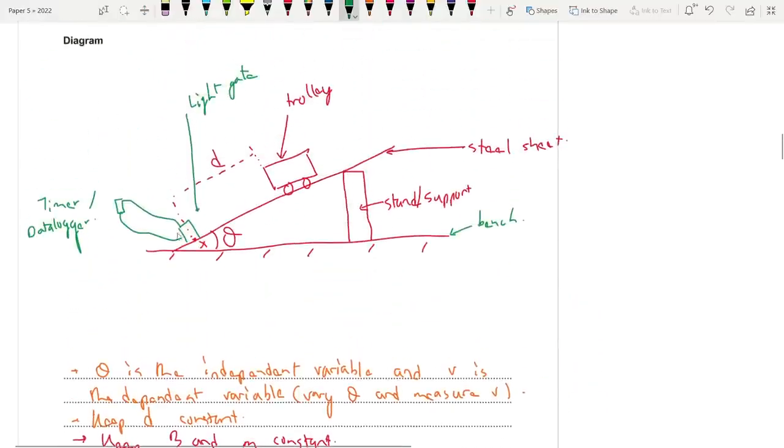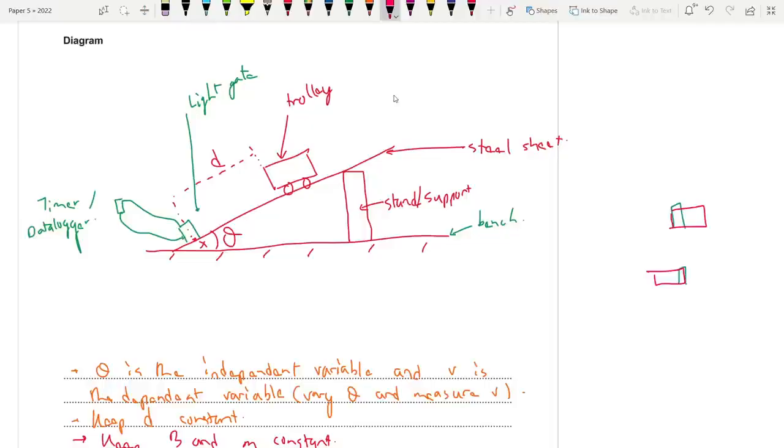So they're basically talking about this distance over here, right? Using a card, we can do that. We don't have to use the trolley. So just think about it. What's going to happen when the trolley passes the light gate? Initially when the trolley is here, light will be interrupted, and when it leaves again, it's going to pass the light gate and we're going to get a reading after it passes.